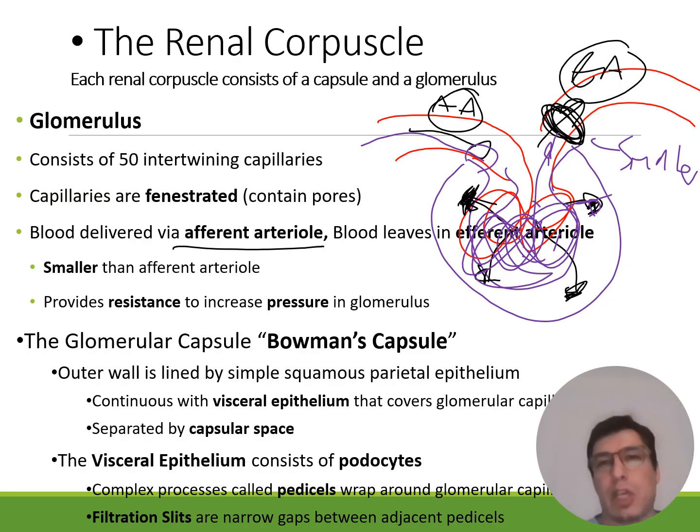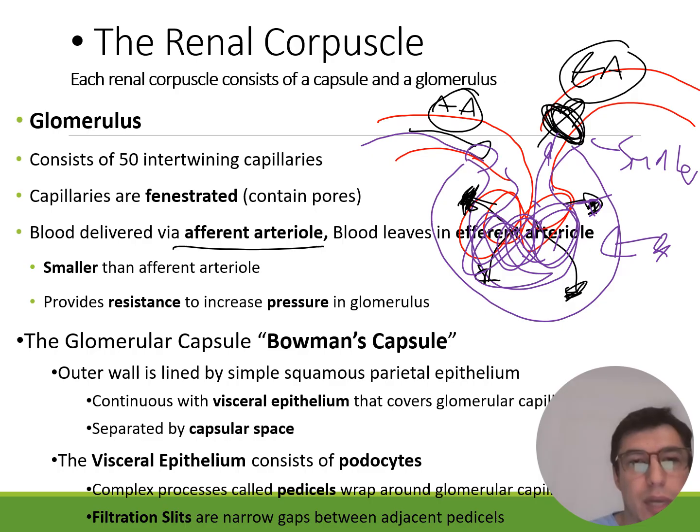So again, the glomerulus is the capillary itself, and it has a filtration membrane. It is characterized by having fenestrated capillaries or pores so that we can filter out those organic molecules. The efferent arteriole is smaller than the afferent because of that pressure description that we talked about.